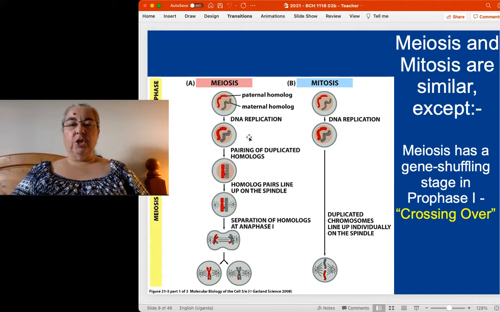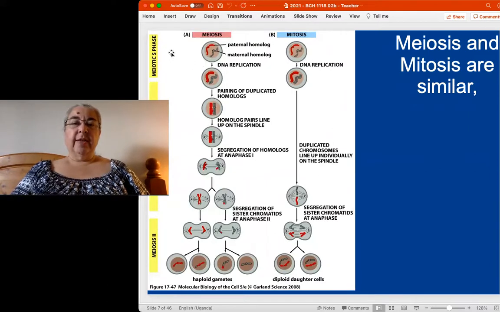So this happens during prophase 1. So for meiosis, we divide the process up into 2 different stages, meiosis 1 and meiosis 2. Okay, and each of these divisions of stages has a set of stages similar to what we saw for mitosis. So prophase, anaphase, etc.